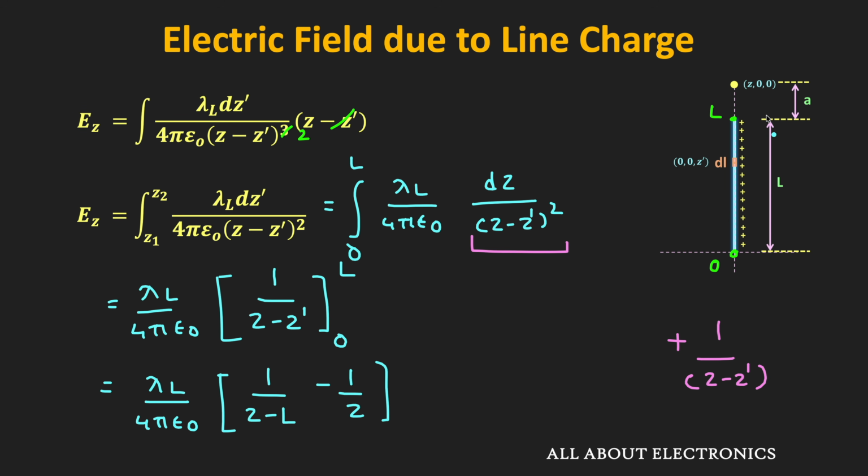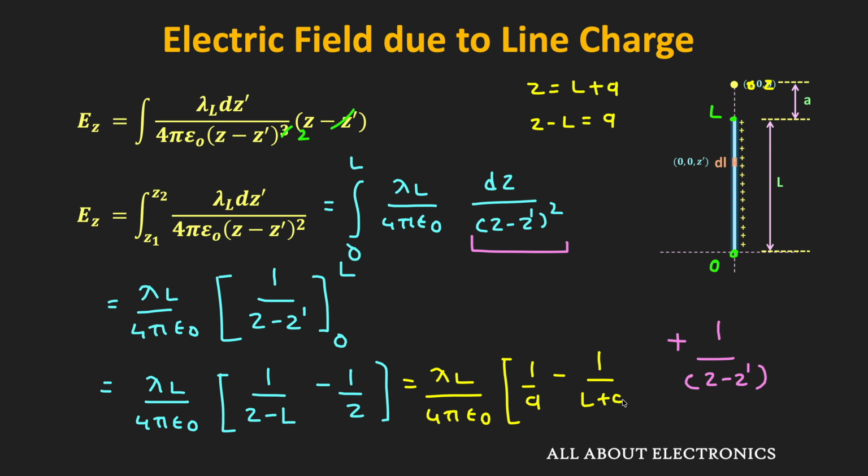Now as we have seen, z is equal to L plus A. So from this we can say that z minus L is equal to A. That means further we can write this expression as lambda L divided by 4 pi times epsilon naught times [1 divided by A minus 1 divided by (L plus A)], because here the value of z is equal to L plus A. So further if we simplify it, then we will get lambda L times L divided by 4 pi times epsilon naught times A times (L plus A).